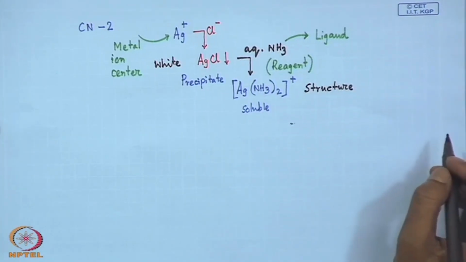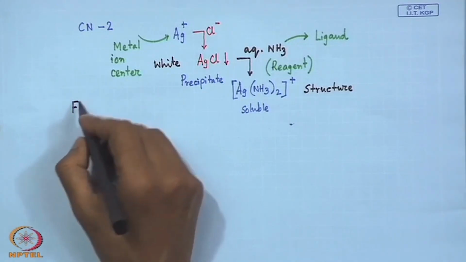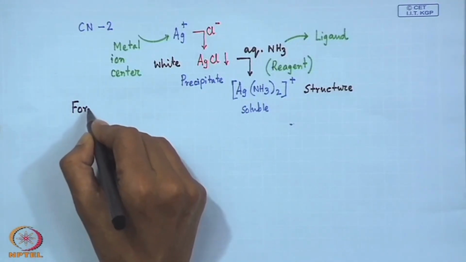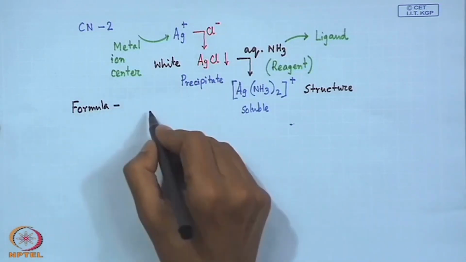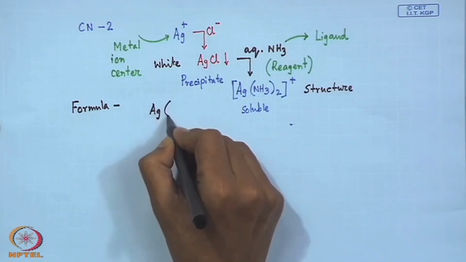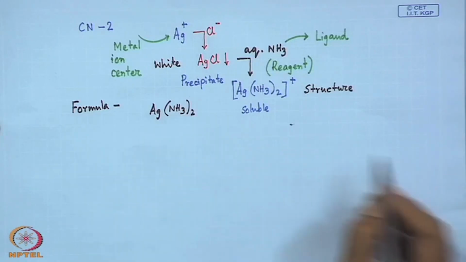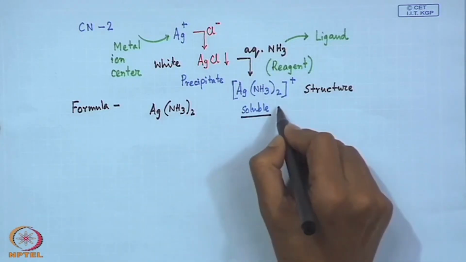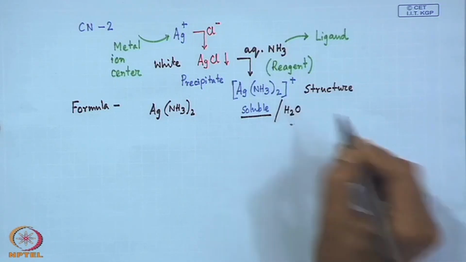That is very important. So, first of all, we should know precisely the formula, that silver has only ammonia in its environment because it is soluble and we have plenty of water molecules around.